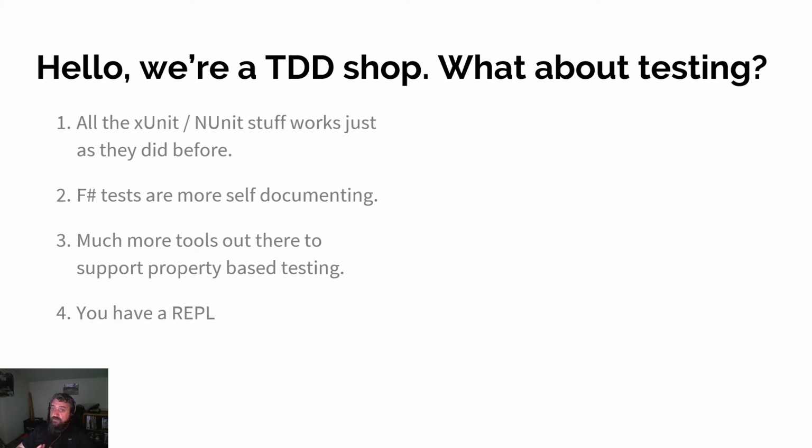FsCheck is an extremely powerful thing that you should probably take a look at. It's too much for this particular talk, but it's extremely powerful. Also, you have a REPL, so as you're writing your test, you can use that REPL with the scripting language to figure stuff out along the way, which is kind of what I do when I'm working with a TDD model of writing the test and then executing it.